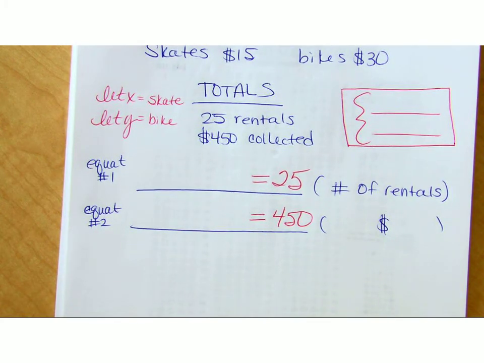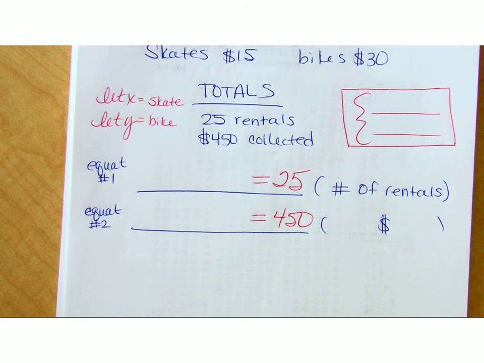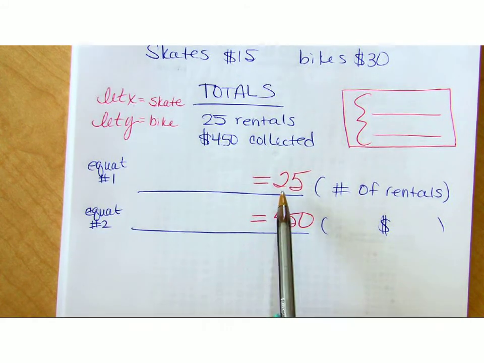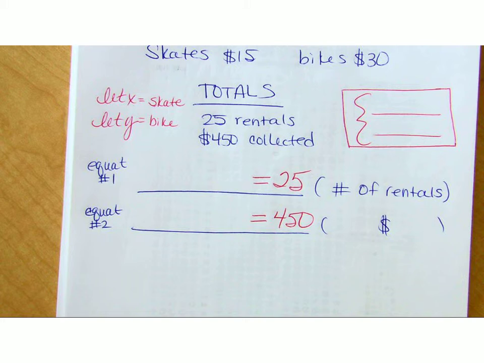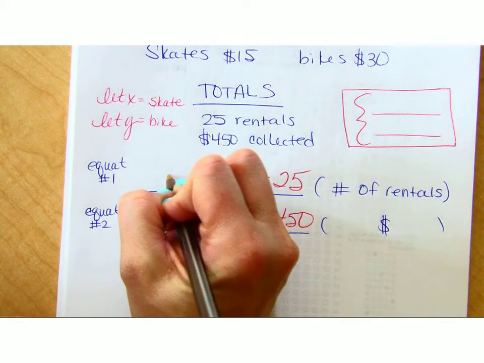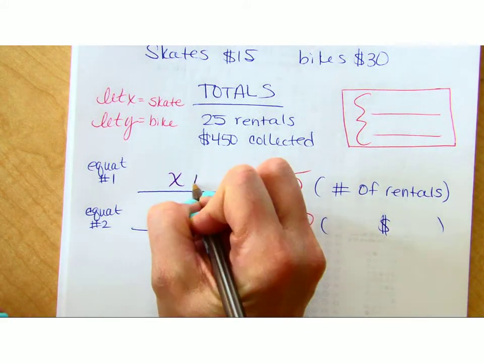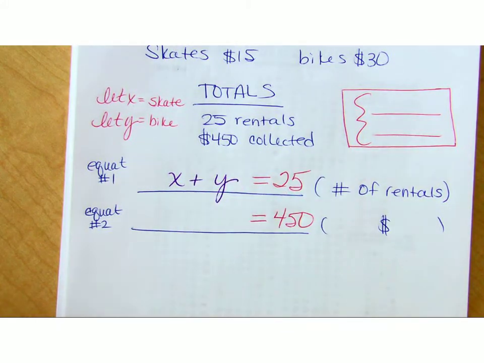It's the x and the y on one side and then the constant on the other. So if x represents skates and y represents bikes, what do I need to add together to get 25? x plus y, right? You're telling me the number of skate rentals, which I don't know, by the way, plus the number of bike rentals, which I don't know either, but I do know together they equal 25. My first equation is written.